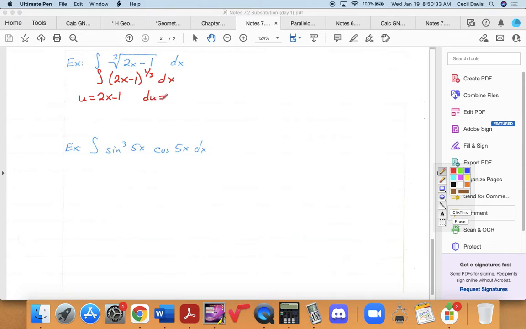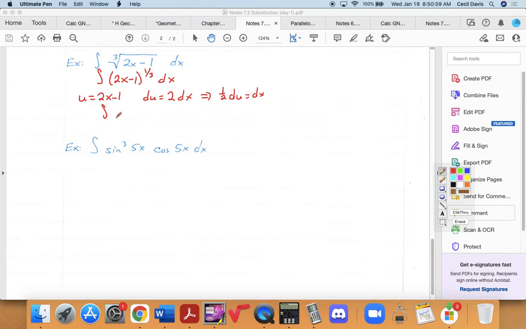Then what will du be? Well, it will be 2. 2 what? 2 dx. Thank you. Then you can take divided by 2. So then you would have 1/2 du is equal to dx.